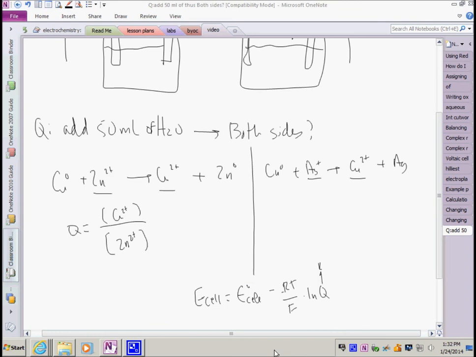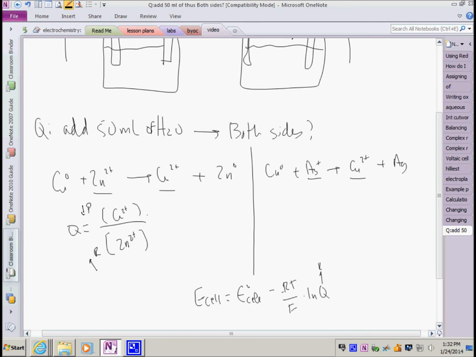You should note that this is the product right here and this is my reactant. If this thing increases, my voltage will increase, and vice versa for the other guy. So if this guy were to drop, then my voltage would increase.